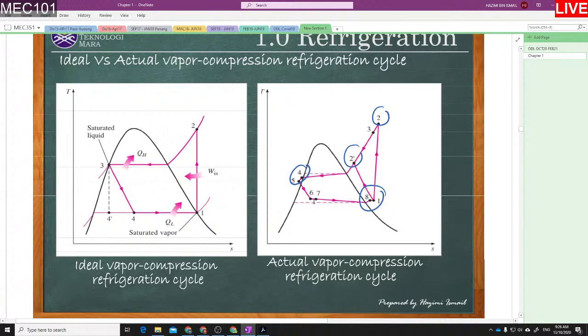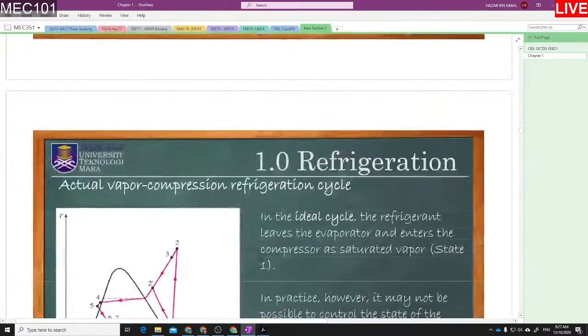Lepas tu dia drop. Pressure 6 ni dia kena tinggi lagi, sebab dia akan ada drop pressure dekat sini. So to get that state 1, you have to put state 6 at higher pressure. Macam itulah. So a little bit more complicated than the TS diagram of ideal cycle. This is actual, this is ideal.